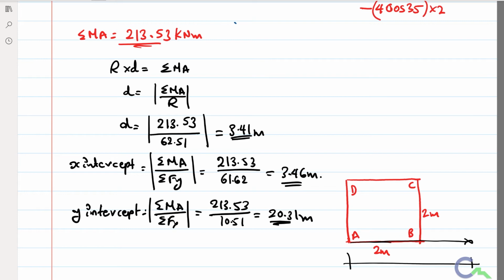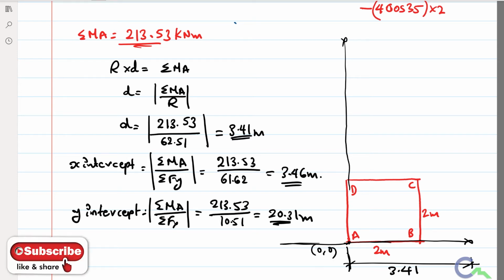So this distance is 3.41. Then the Y distance we got is a large value, that may be in the Y direction. A is our origin now, that is 0, 0. So Y, that is 20.31, in the Y direction.